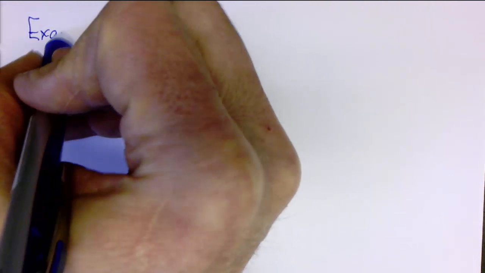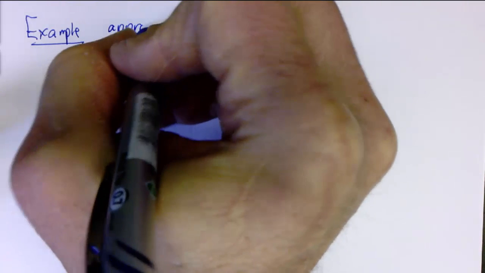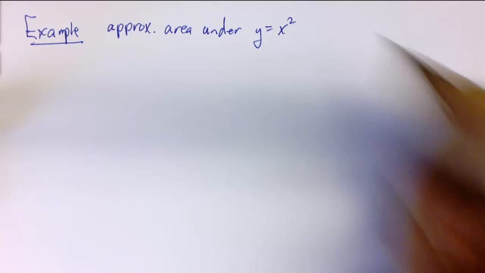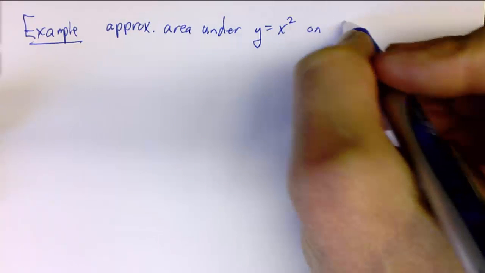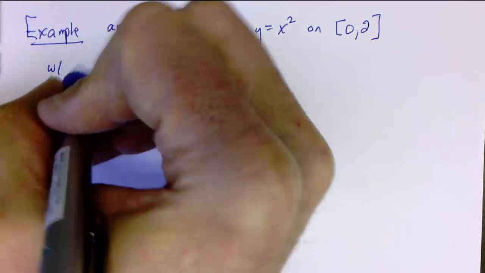Let's look at a particular example. What I want to do is approximate the area under y equals x squared on the interval 0 to 2 with 4 rectangles.